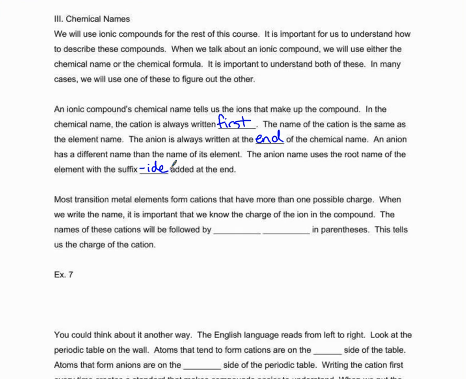So here's one example. Chlorine is the element, and chloride is the ion. So here's the atom, here's the ion. Very slight spelling change.